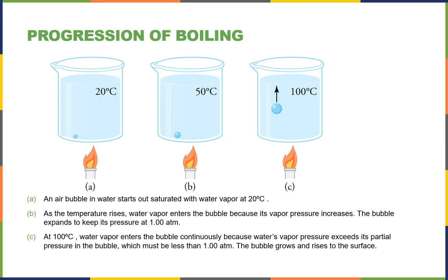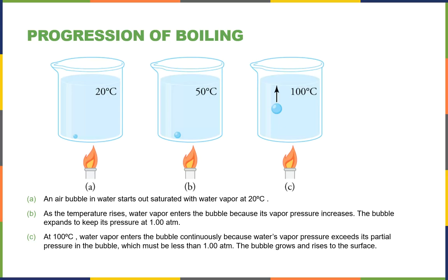But as the temperature gets higher, you actually have more water going from liquid into gas phase. Why? Because you have a higher percentage of your molecules with enough energy to break away from the surface. So you get a higher vapor pressure. And so as the temperature rises, the bubbles will grow a little.